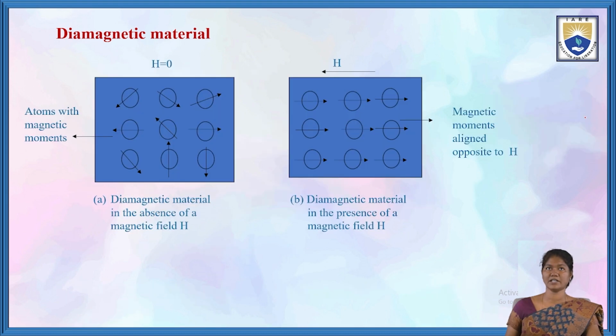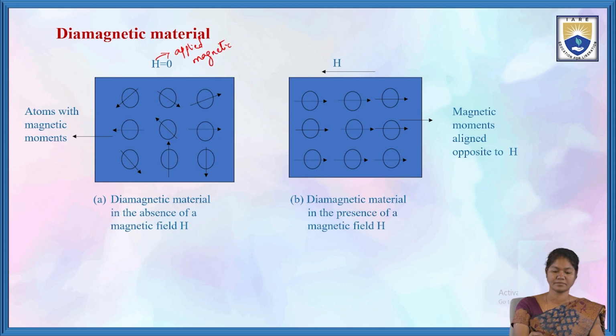We can see this clearly in this picture. Here you can see the diamagnetic material in the absence of a magnetic field H.